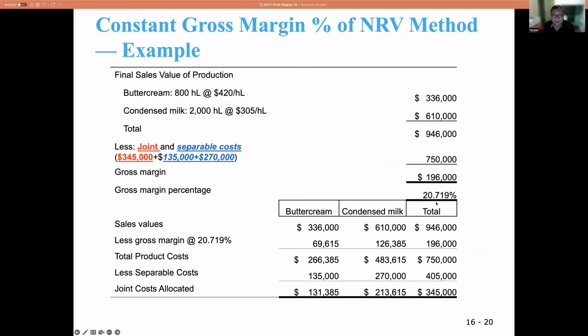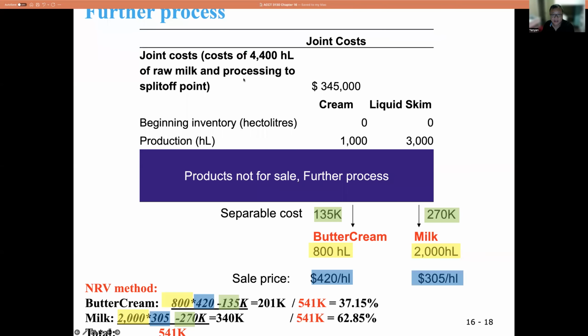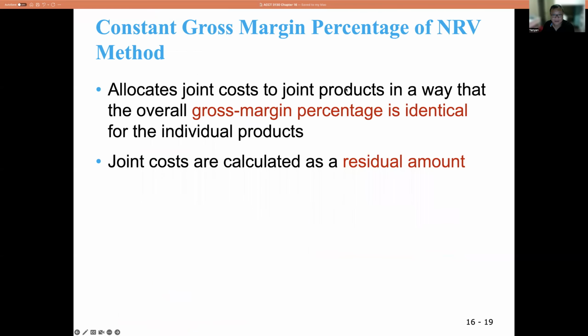Then you figure out the total final sales value, and then you want to know the cost. Remember, there are two different types of cost. The cost before the split-off point is the joint cost, the cost we are going to allocate, 345,000. The joint cost, 345,000, is here to be allocated.